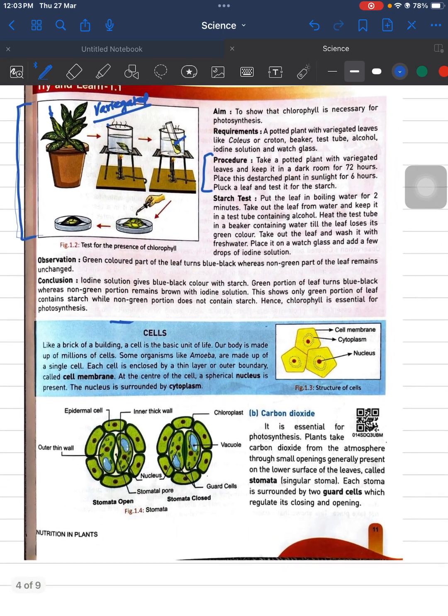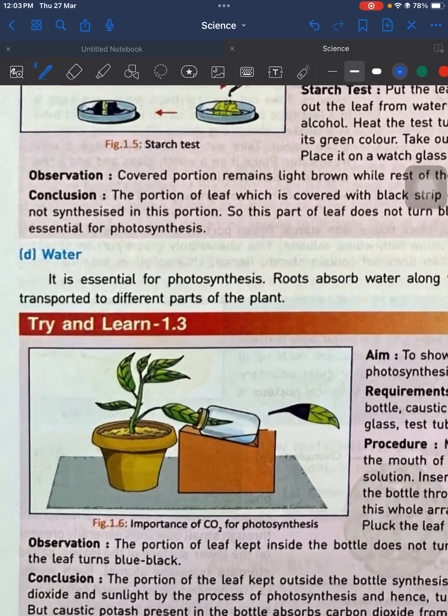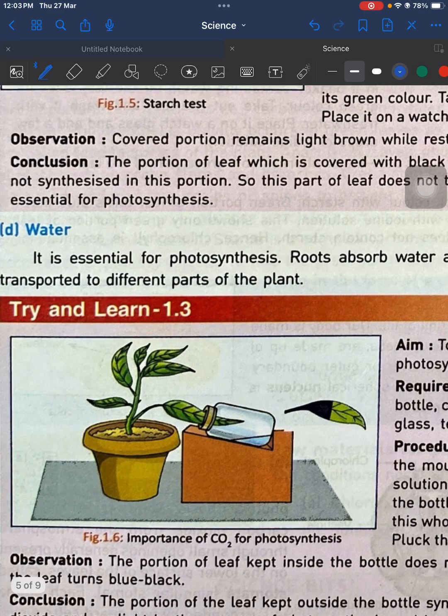Next is that carbon dioxide is necessary for photosynthesis. In this experiment, we have kept half a leaf in a bottle, and in this bottle we have caustic potash solution. Caustic potash solution basically absorbs all the carbon dioxide present in the atmosphere.